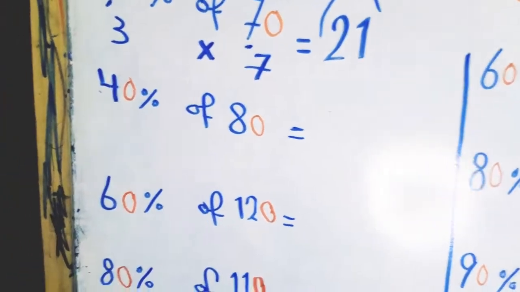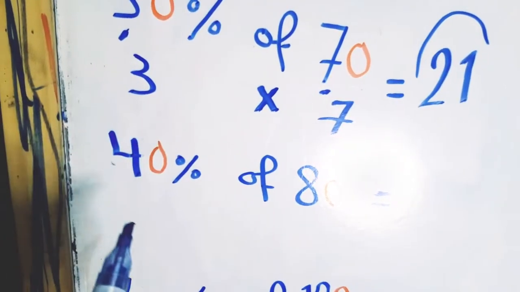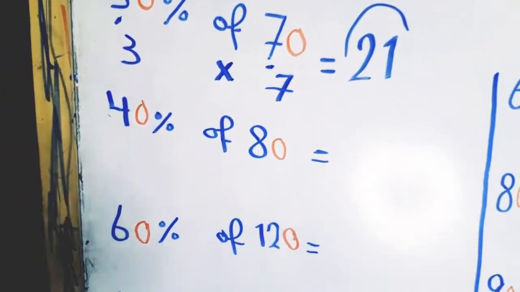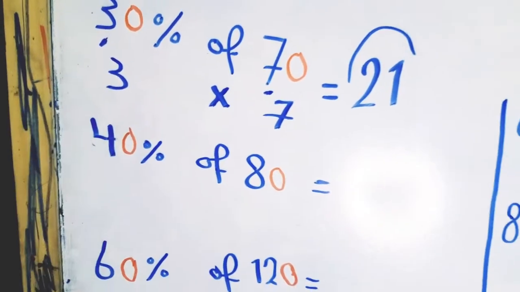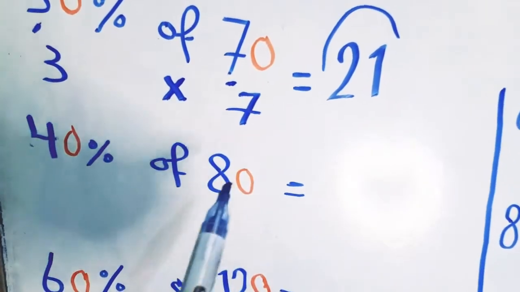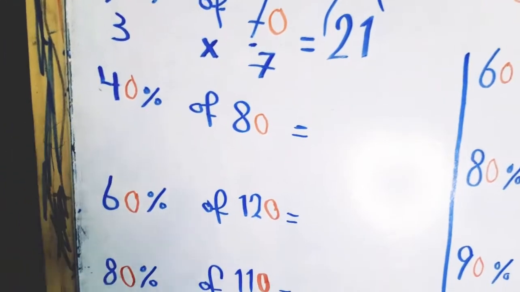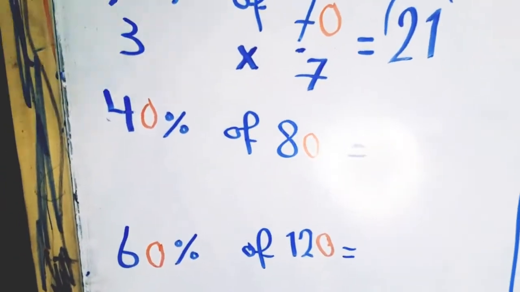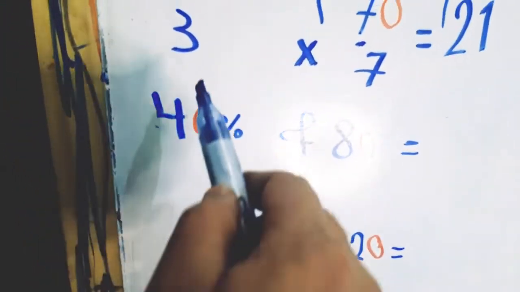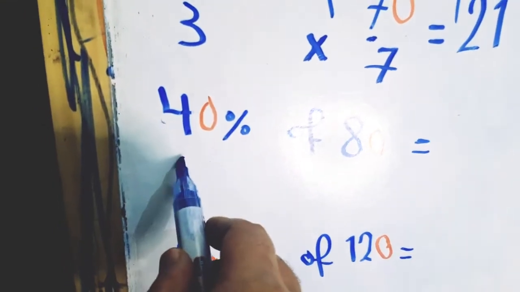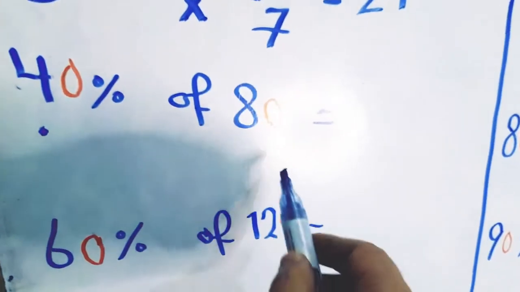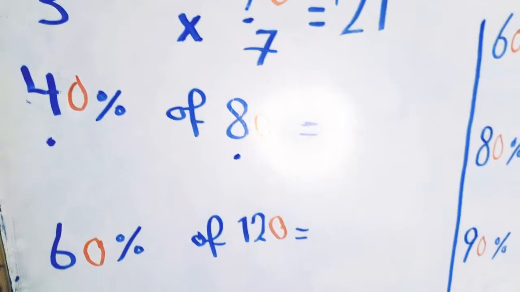40% of 80. If you look at 40, you will see that 40 ends with 0 and the other number 80 ends with 0. In this case, we must ignore the 0 in both numbers. So we must look at 4 and 8.